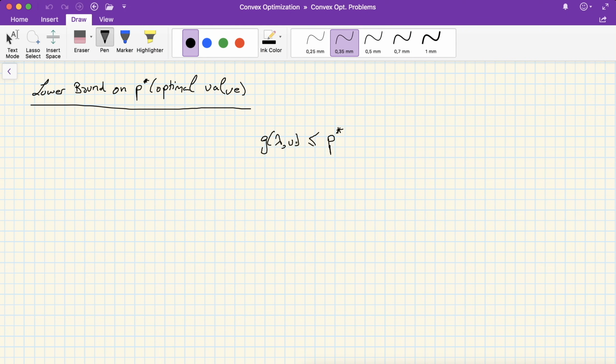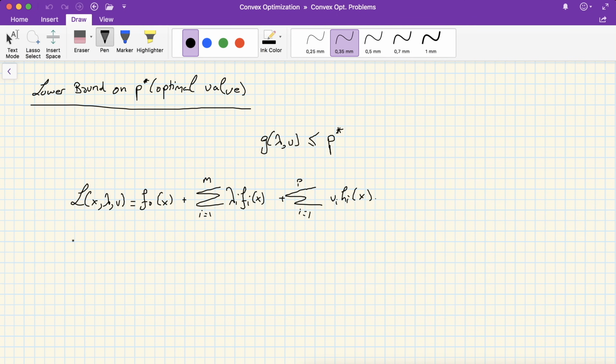Why is that? Take a look at the Lagrangian function L(x, lambda, mu), which is f0 of x plus the sum of lambda_i f_i plus the sum of mu_i h_i. If we pick a feasible point, let's say x bar, we plug x bar in everywhere instead of x.